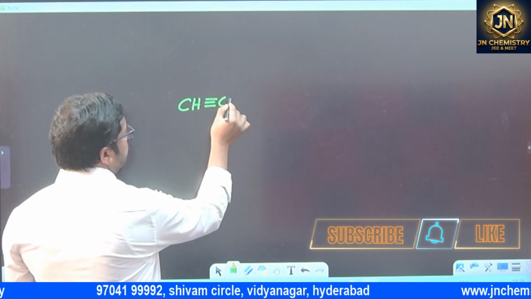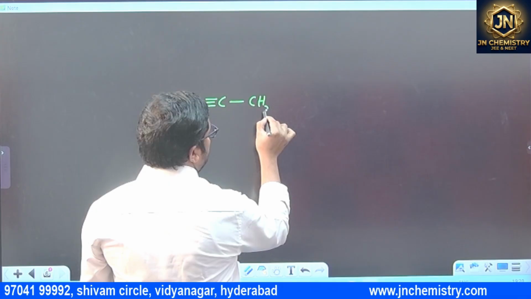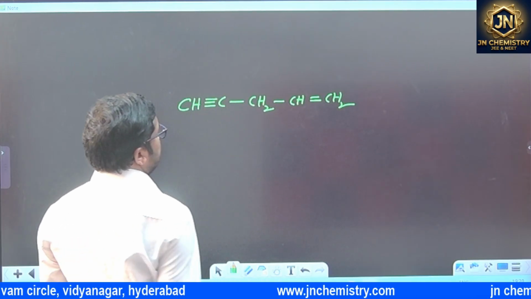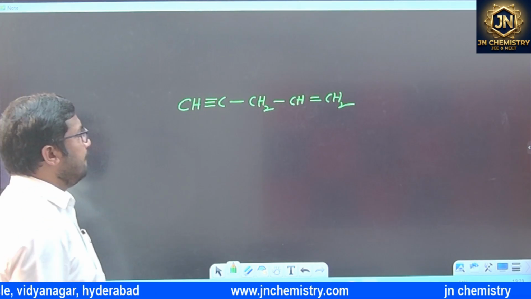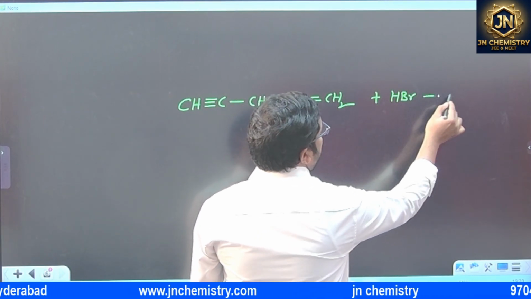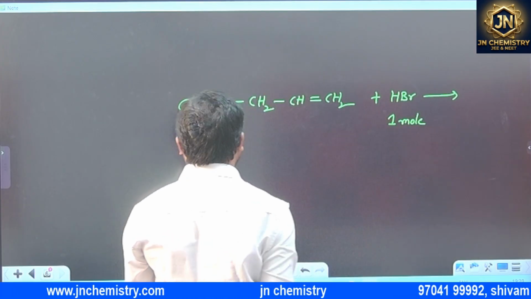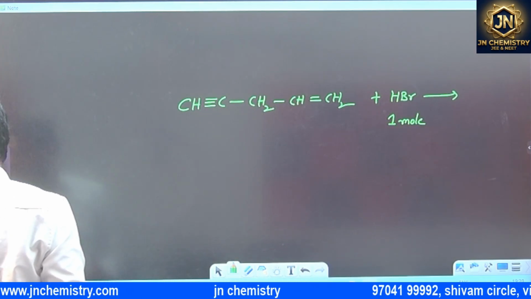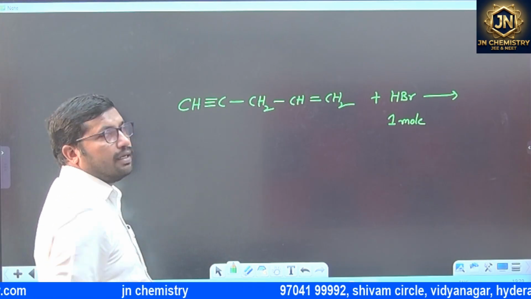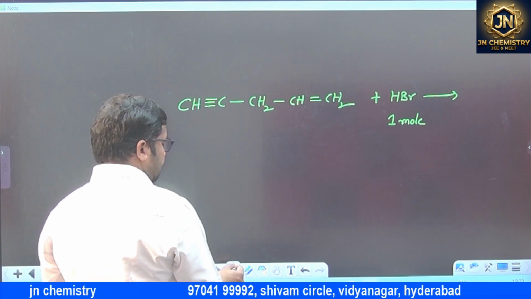CH≡C, CH2-CH=CH2 plus HBr. Only 1 mole. Here alkenes and alkynes both are there. Which one will react?